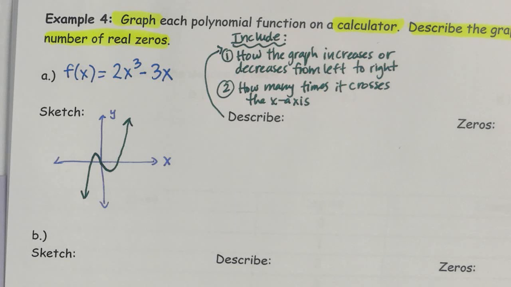So your description is always going to include those two things: how the graph increases or decreases from left to right, and how many times it crosses the x-axis.